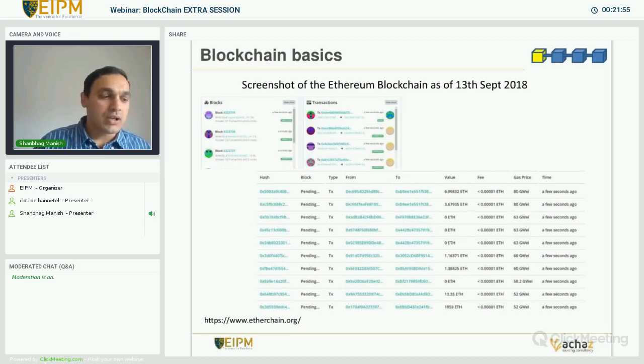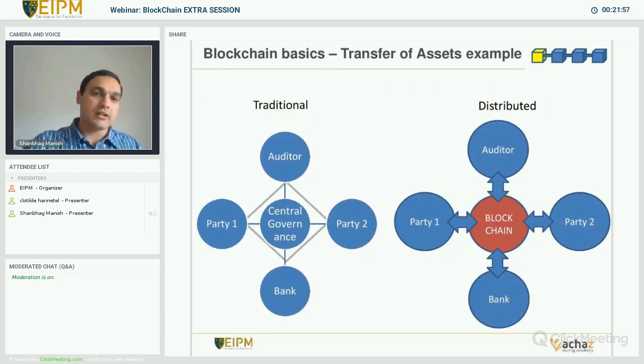So as a summary, we have a comparison between the traditional approach of transfer of assets, where you have a central governance acting as a middleman joining party 1 and party 2, and a distributed ledger, where we have the blockchain in the middle, with party 1 and party 2, the auditor and the bank also.